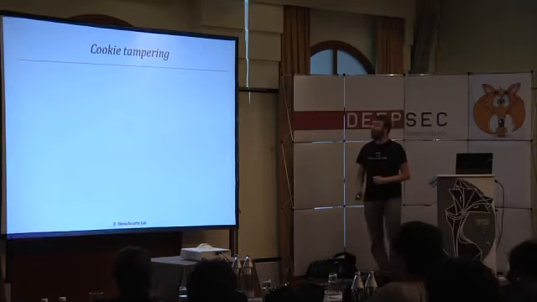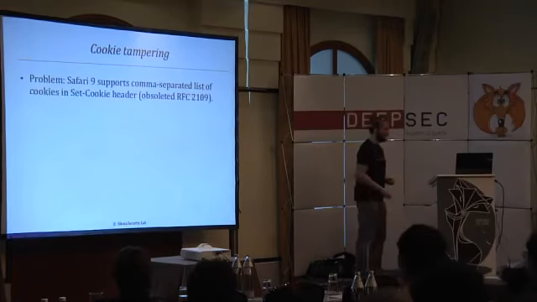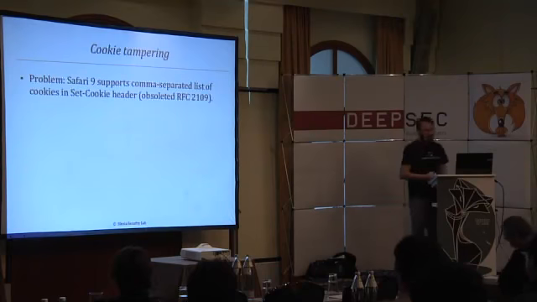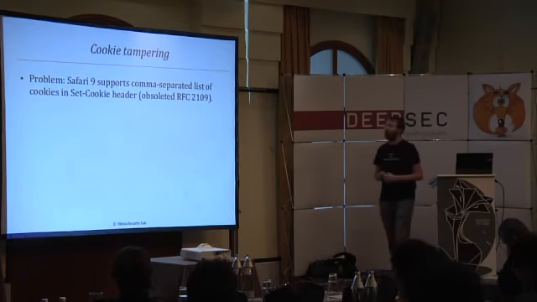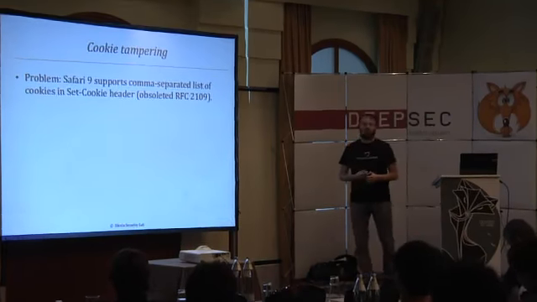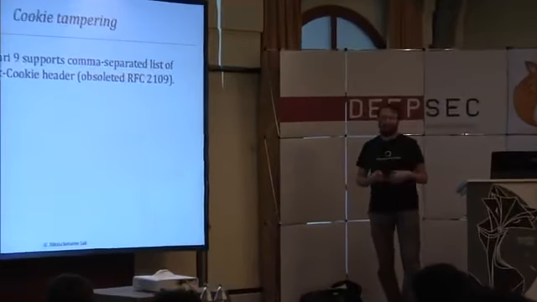Okay. The next topic. There is yet another problem in Safari 9. Safari 9 supports so-called comma-separated lists of cookies in the Set-Cookie header. What's interesting here is that this is no longer in RFC 6265, which is the most up-to-date one.